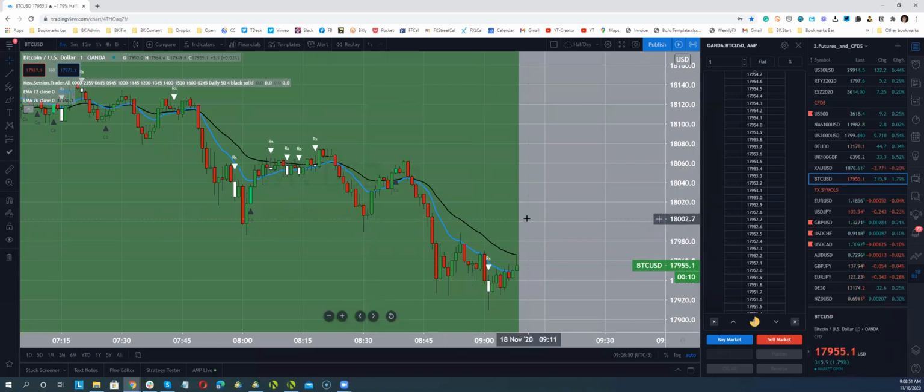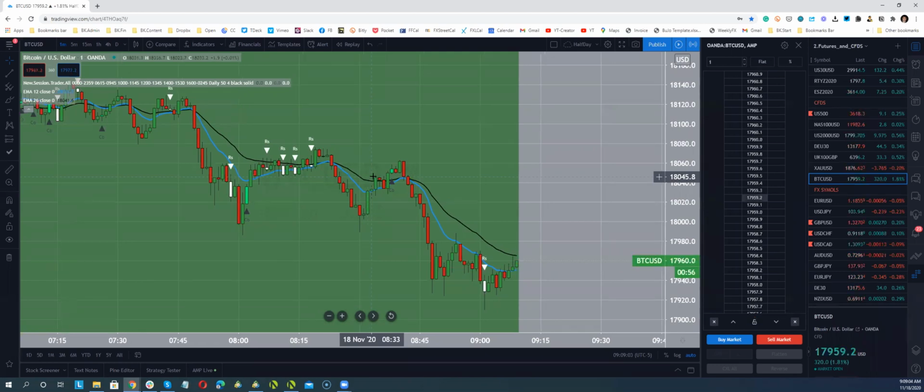Now, let me preface this by saying that this is the 1-minute chart on Bitcoin, and it is impossible for anyone to trade this the way we trade NASDAQ, the Dow, or DAX through your CFD broker, because your CFD broker is going to have ridiculous spreads.